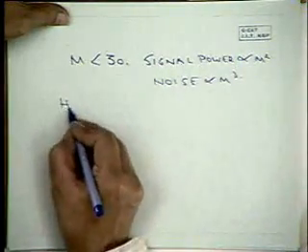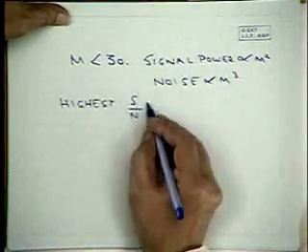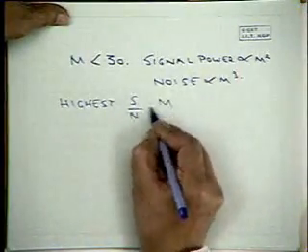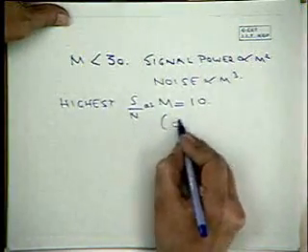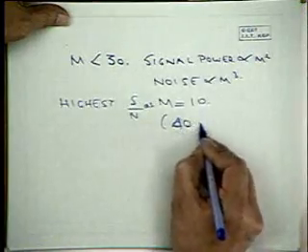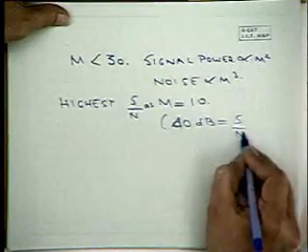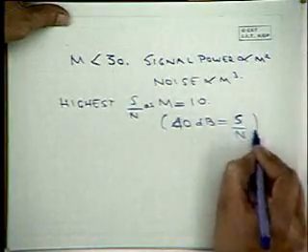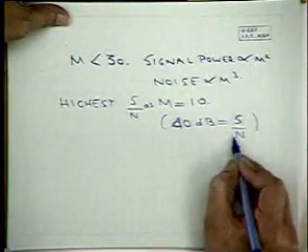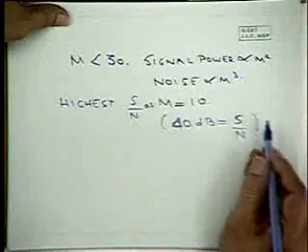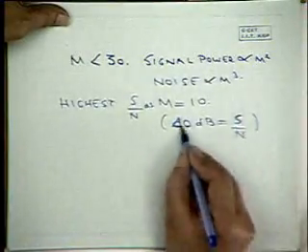So the highest signal to noise ratio is obtained at m equal to 10, where it is 40 dB S by N. Signal to noise ratio in power: 10 dB means 10, 20 dB means 100, 30 dB means 1000, 40 dB means 10 to the power 4.